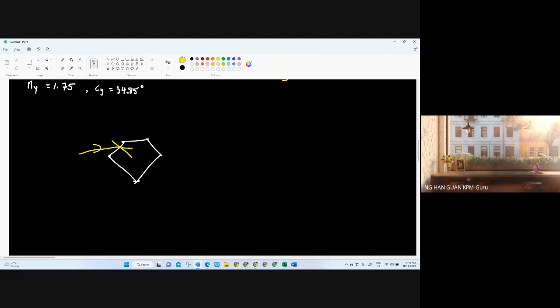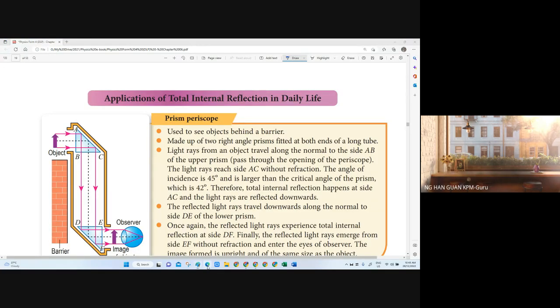Entering here, bending. When you come to this part, this angle actually is more than 24.4 degree. Is it 24.4?